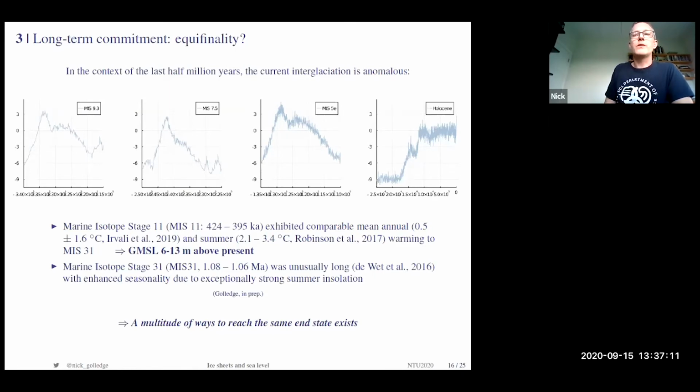So we end up with this insight from the paleo in that we can basically get to the same state in a number of different ways. And of course, the paleo tends to tell us more about the end game than it does about the rate. So we have this problem of equifinality, and how do we understand that? How do we understand the rate of change of a system? Next slide, please.